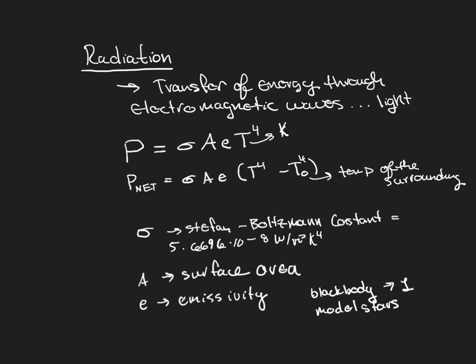Another thing that you can do with this formula, and let me bring up another sheet because I've run out of room, is very similar to what you did with the ideal gas law, where if you have two objects, so let's say we do object 2, and we can compare it to object 1.